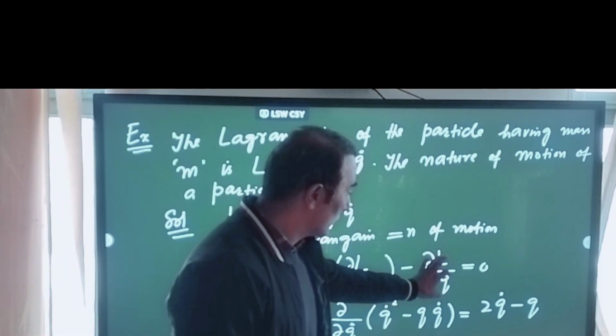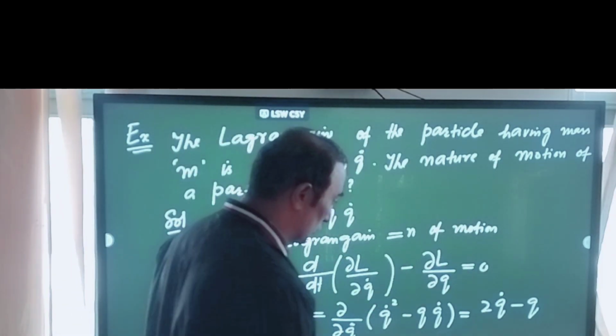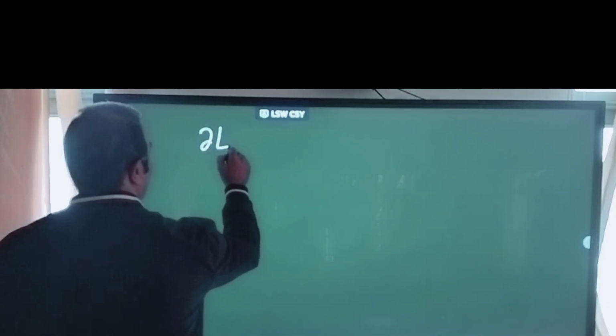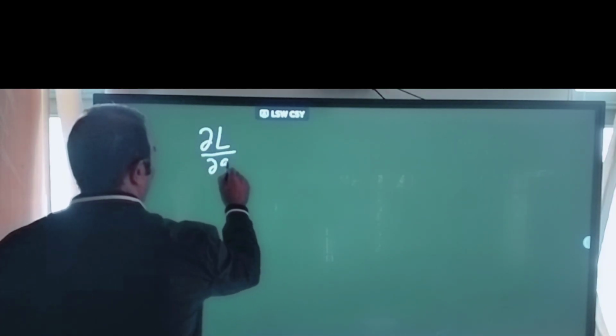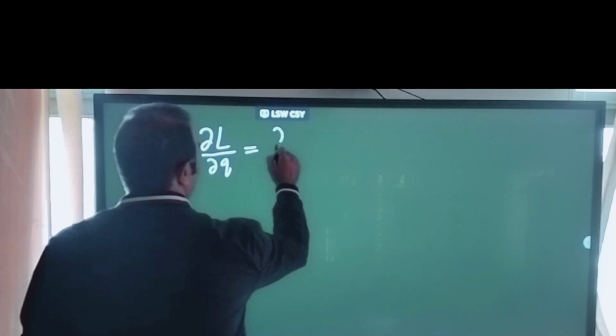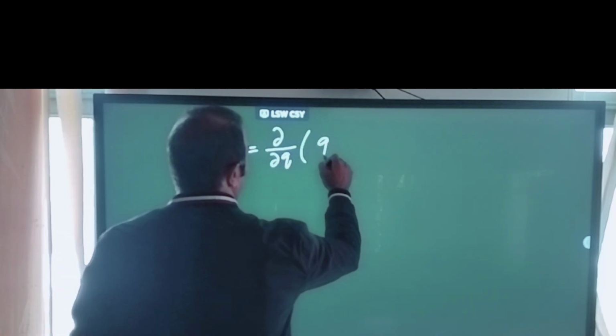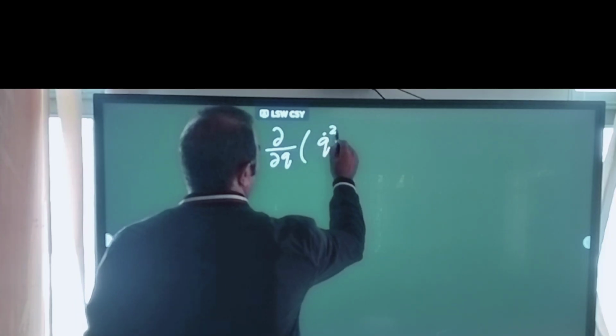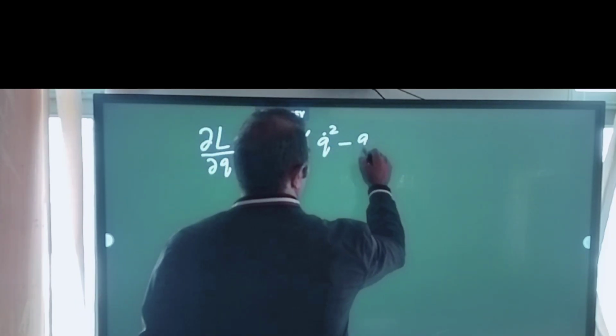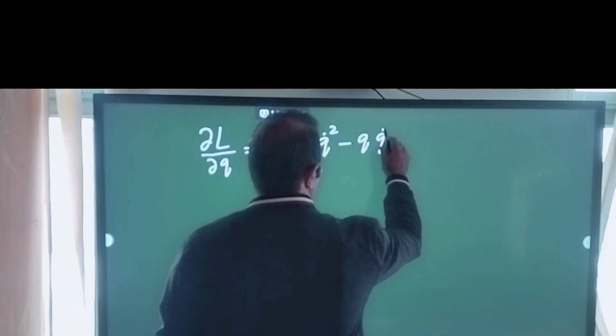Now we will calculate what's our partial L by partial q. So that means we need to calculate that what's our partial L upon partial q. So that is equal to the same expression, q dot square minus q dot.